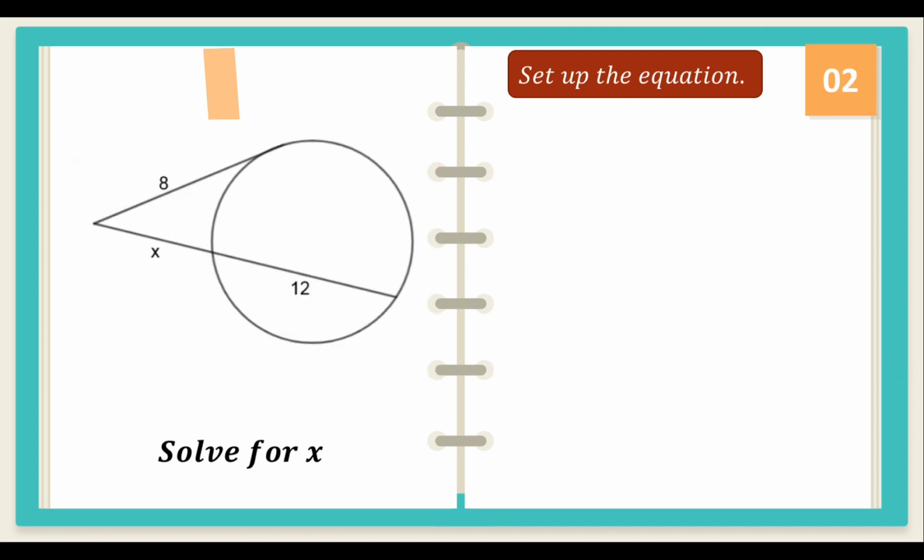Let's have another example. Still, there is a secant, there is a tangent, and we are tasked again to solve for x. Setting up the equation, we have 8 squared, 8 being the measure of the tangent, so we square that, is equal to x, which is the measure of the outer part of the secant segment, and multiply that with the whole secant segment, which now measures x plus 12.